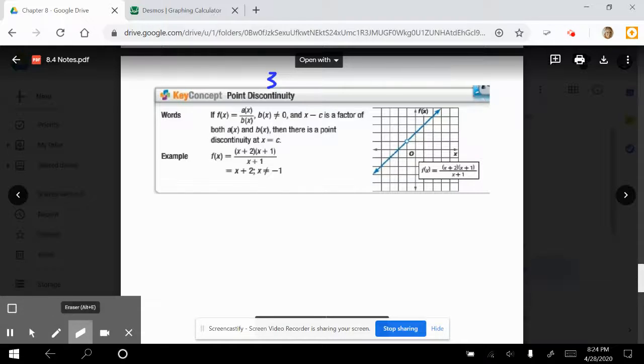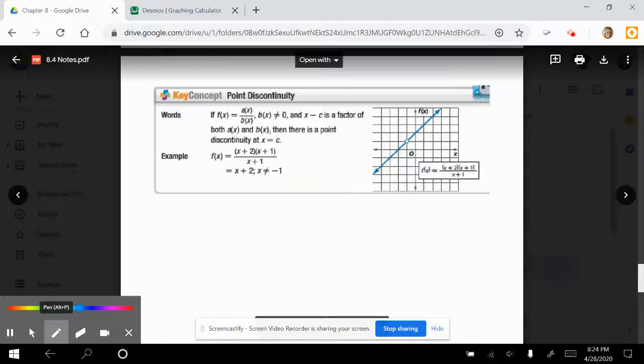All right, the last thing we talk about is something called point discontinuity. Back in example 8.1, we looked at a bunch of examples where you could get rid of something from the top and bottom, but you still had to say the bottom couldn't be that.